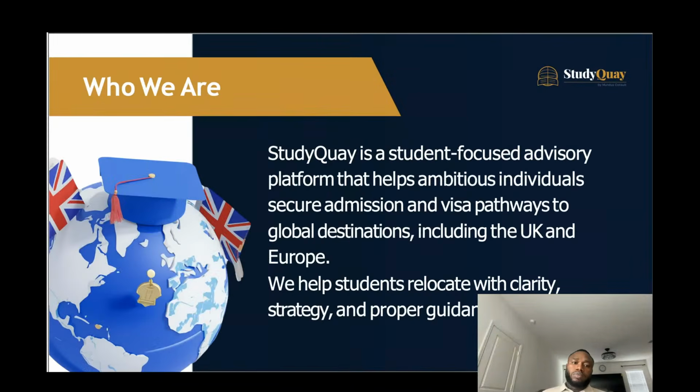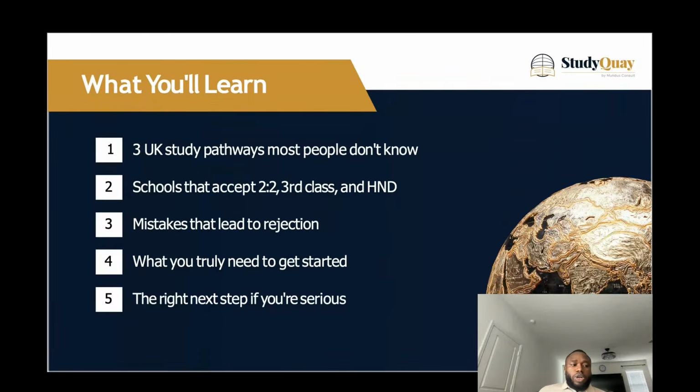Like I said, StudyKey is a student-focused advisory platform, and we work with ambitious individuals to help them secure admissions to study abroad in the UK, Europe, US, and Canada, and also help you navigate visa pathways. What we're going to learn today is I'm going to share 3 UK study pathways that most people don't know about.